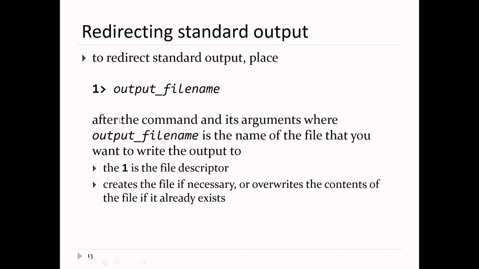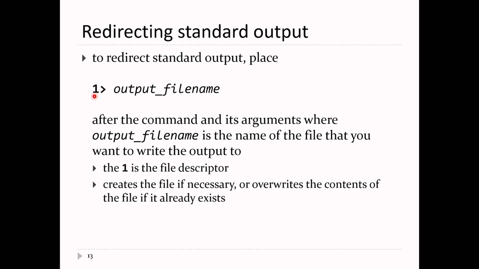To redirect standard output, you place this funny syntax somewhere in the command. It's not actually true that it has to go after the command and its arguments. You can place this anywhere in a command. You write 1 greater than, and then the name of the file where you want to send standard output. The 1 is your file descriptor.